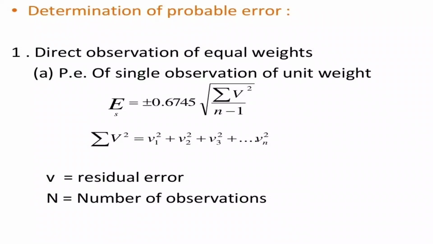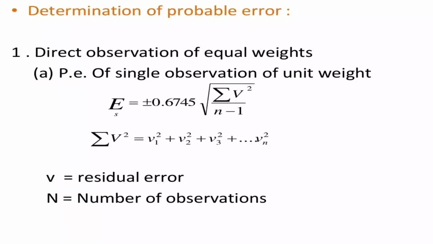Then determination of probable errors, direct observation of equal weights. The probable error of a single observation of unit weight, E base S, is equal to plus or minus 0.6745 root of summation of V square divided by n minus 1. Summation of V square is equal to V1 square plus V2 square plus V3 square, up to Vn square.